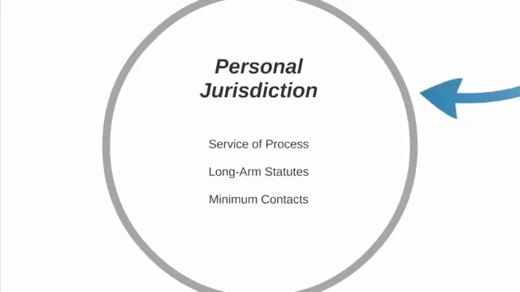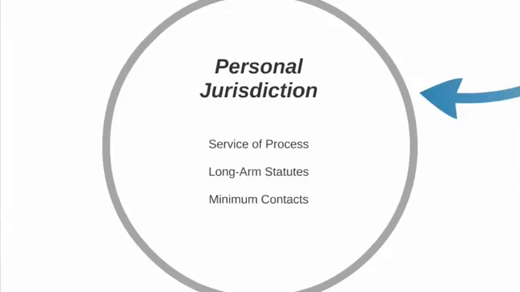Okay, to start with, in the civil litigation process, we talk about the concept of personal jurisdiction. That is, the ability of the court to call an individual into court and subject that individual to their authority.